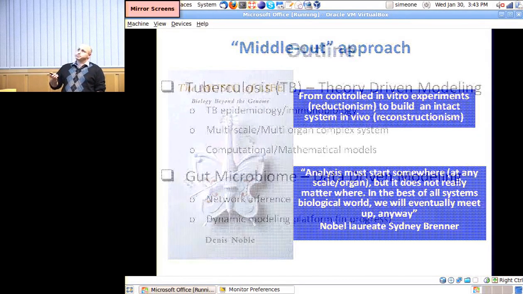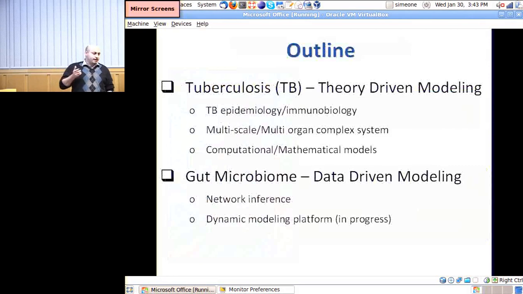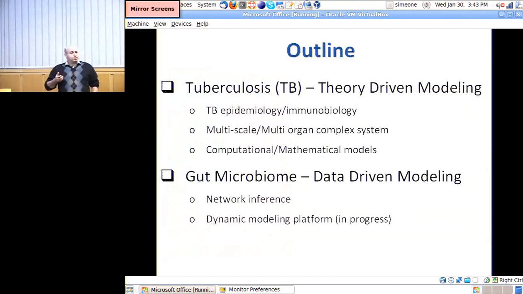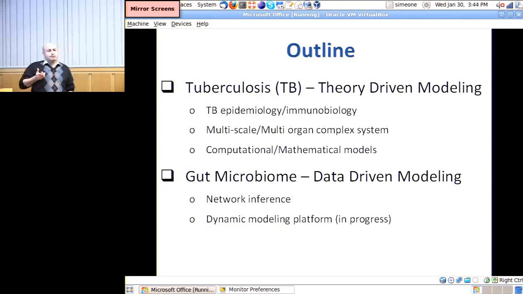Now, I'm going to give you two examples. Most of the talk is about tuberculosis, which I call theory-driven modeling. We don't have a lot of data in TB because the animal models are not very similar to human disease, and we cannot really get longitudinal data on the same subject.